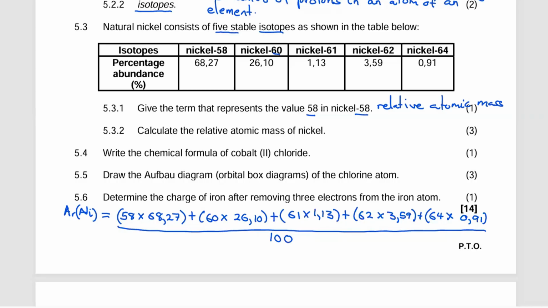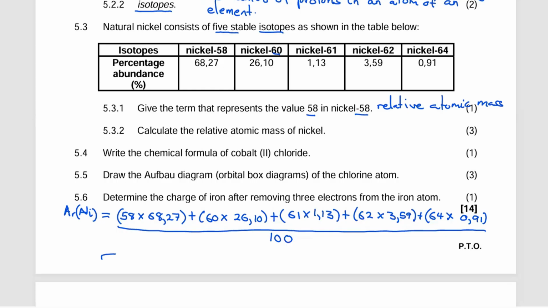If we are doing our math correctly, let me see what I'm getting here. 58 by 68.27 plus 60 multiplied by 26.10, then plus 61 times 1.13, and then plus again in brackets 62 times 3.59, then plus 64 times 0.91, all over 100.